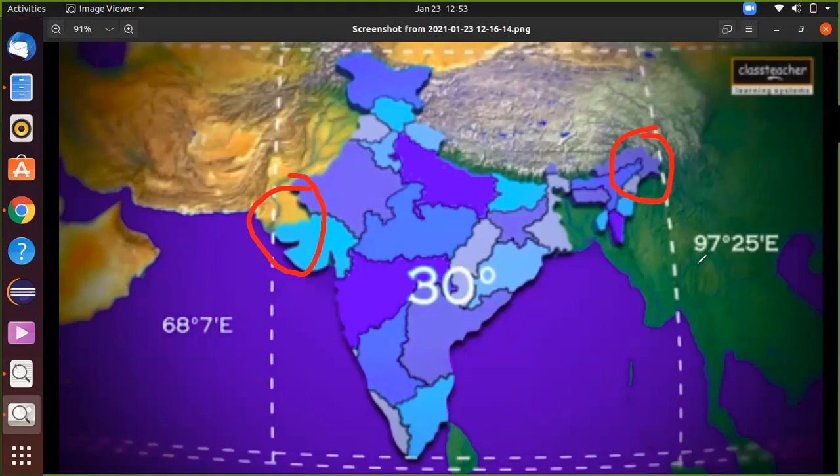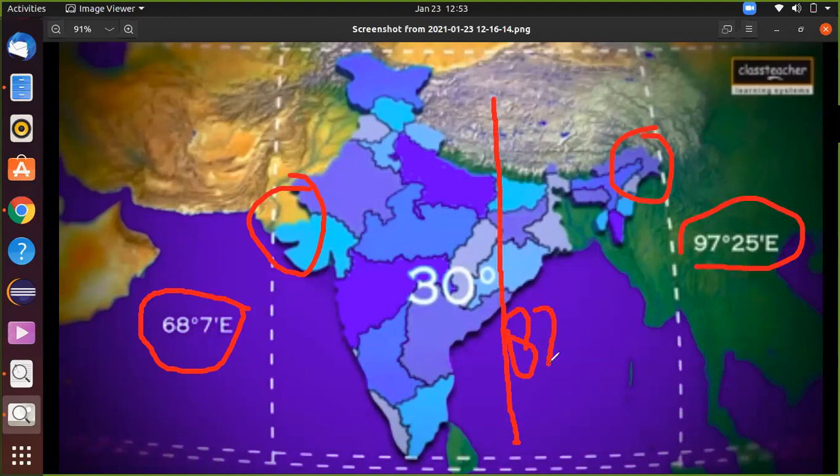It has added this one and this one, and divided by two, and India has come up with a longitudinal value of 82 degrees 30 minutes, which is used as a reference to calculate time in India.